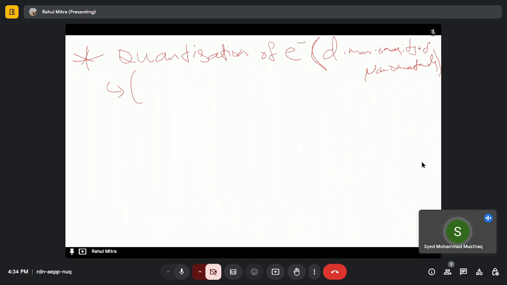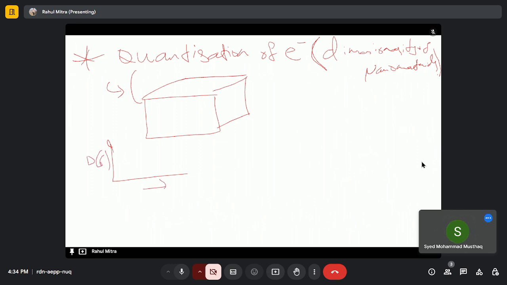So if I am talking about 3-dimensional, for that again we have to discuss a bit about the density of states, and I even discussed it in the previous class, but let's just do it again here. So this is my density of states and this is my energy, so it will look like this, right?